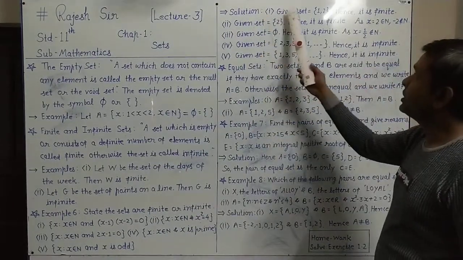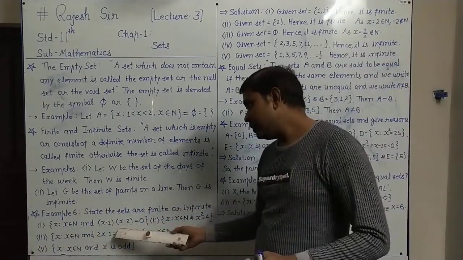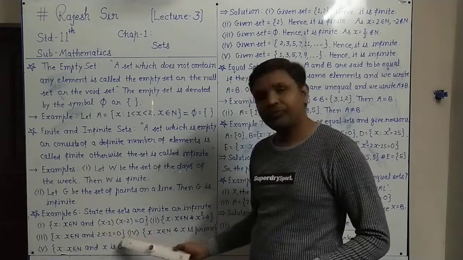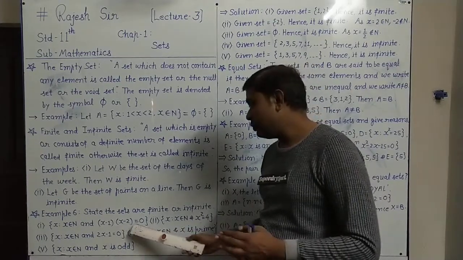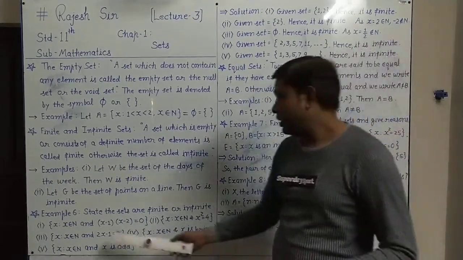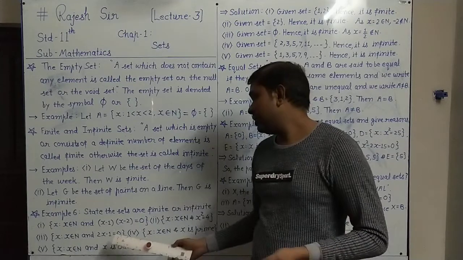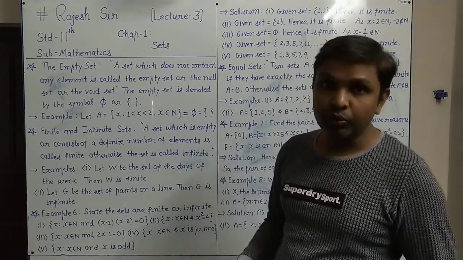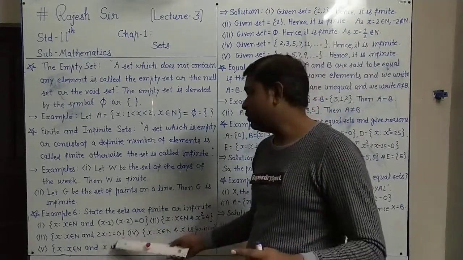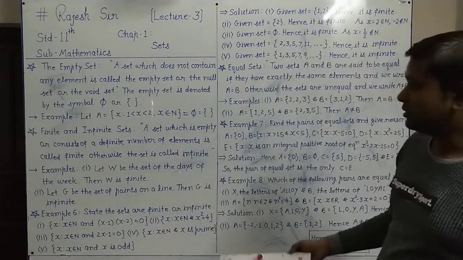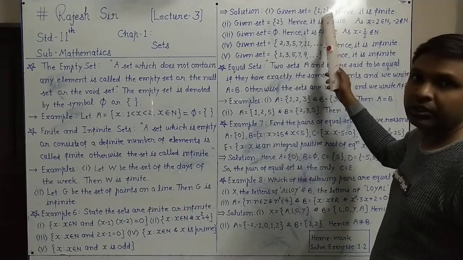See the solution. The first: the given set is x belongs to N and (x minus 1)(x minus 2) equals 0. This can be written as x minus 1 equals 0 or x minus 2 equals 0. x minus 1 equals 0 gives x equals 1, which belongs to N. x minus 2 equals 0 gives x equals 2, which also belongs to N. So the given set is {1, 2}.